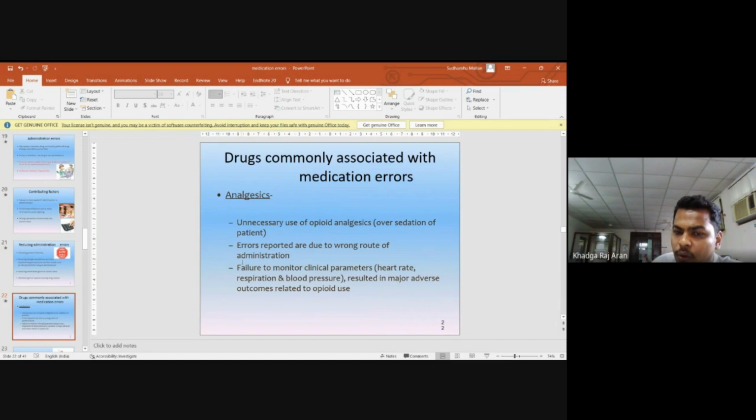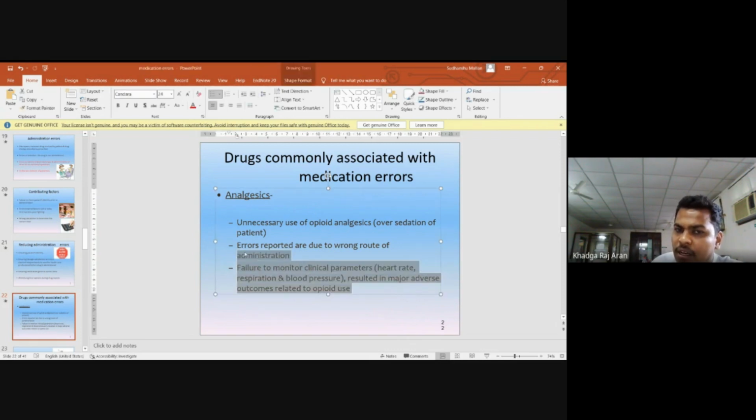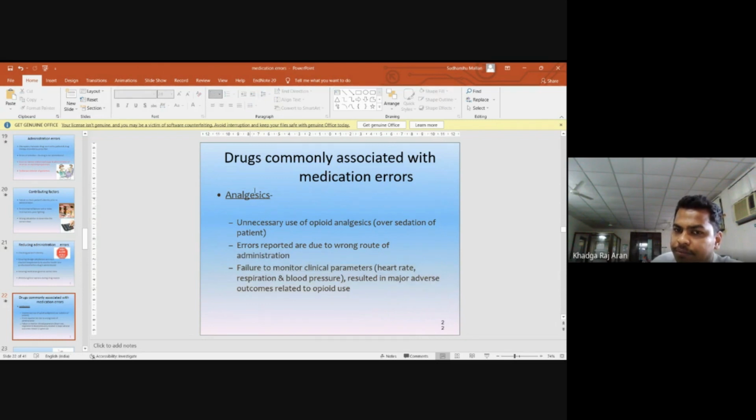Next is failure to monitor clinical parameters like blood pressure, heart rate, and respiration of the patient, which results in major adverse drug reactions related to opioid use. So analgesics, especially opioid analgesics, are common drugs that cause medication errors.